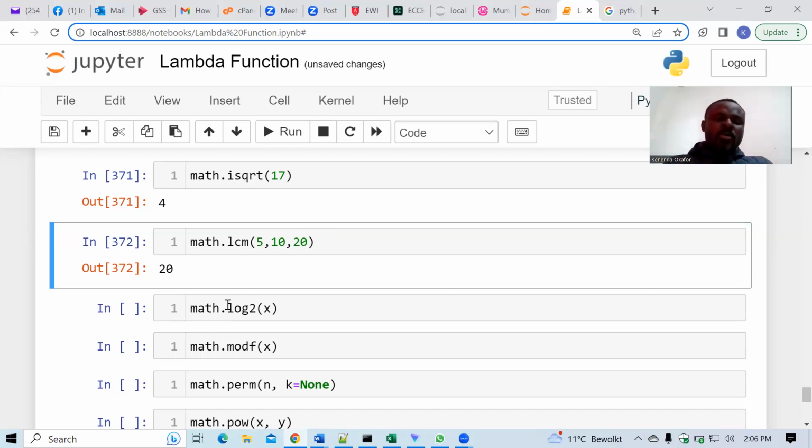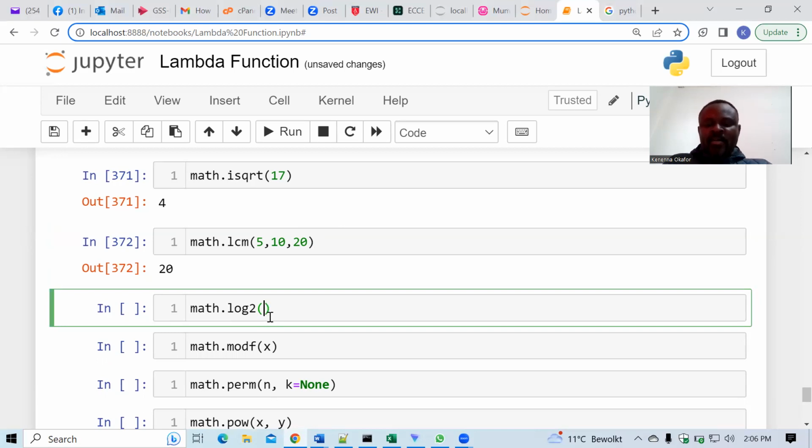Now the log 2. So I have a number with log 2, right? What will be the output? For example, I have 8, right? Log 2 of 8, for example.